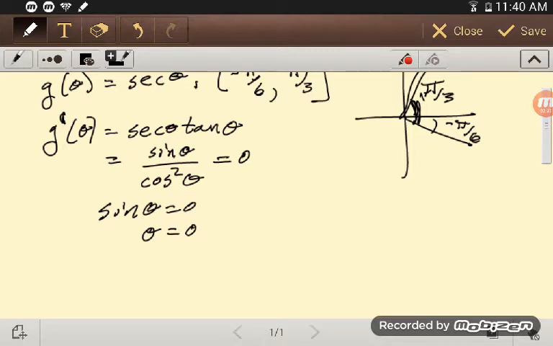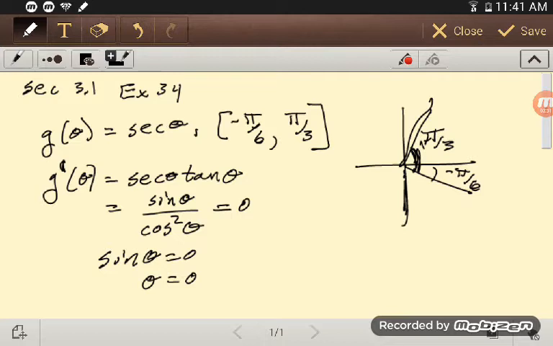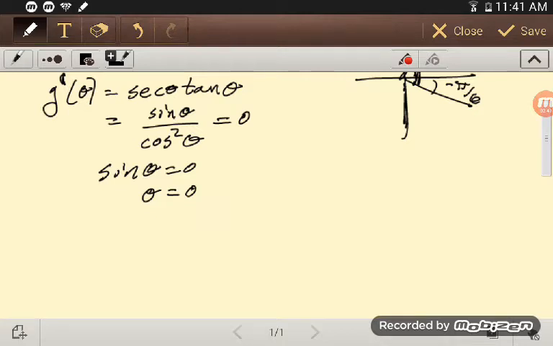But cosine theta is 0 only down here at like minus pi over 2 or 3 pi over 2, however we want to represent it, and up here at pi over 2, 90 degrees. And so it's never undefined. And so that's it. So there's our only critical number.